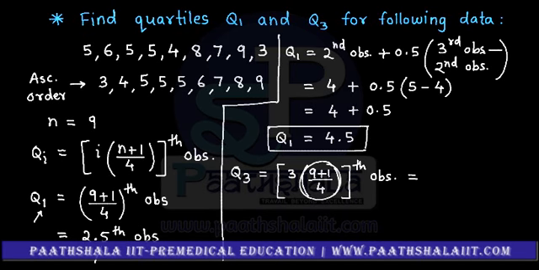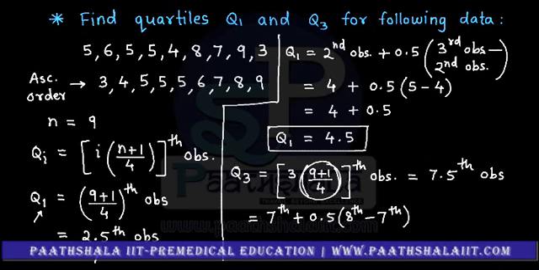So 2.5 into 3 is 7.5. Therefore we have to calculate the 7.5th observation, which equals the 7th observation plus 0.5 into (8th observation minus 7th observation). The 7th observation is coincidentally 7. So 7 plus 0.5 into (8 minus 7, which is 1). So 7 plus 0.5 gives us Q3 equal to 7.5.